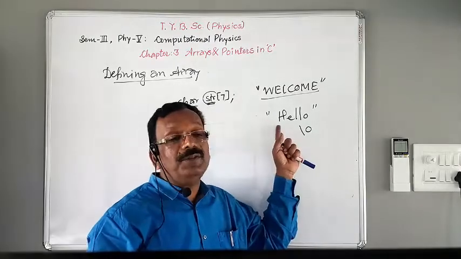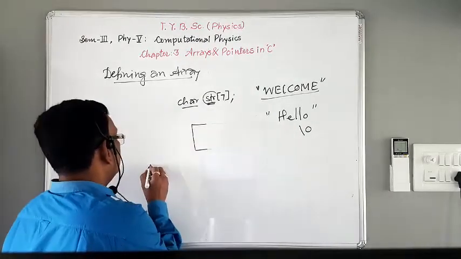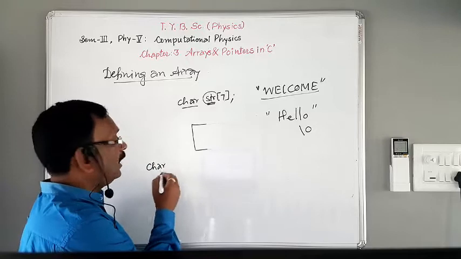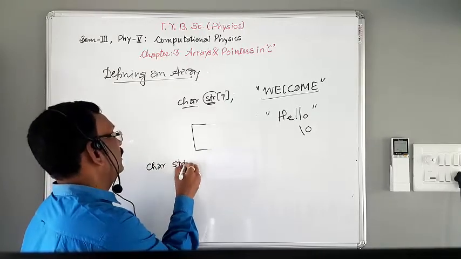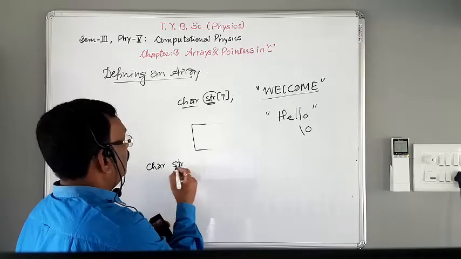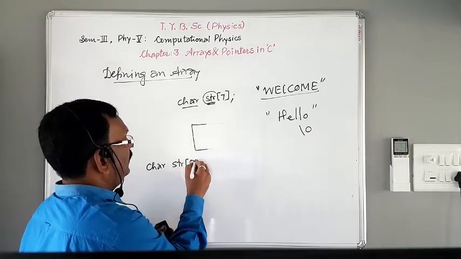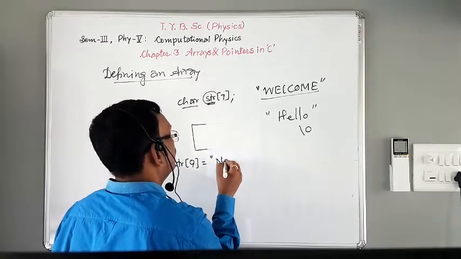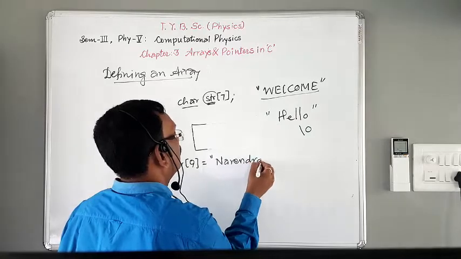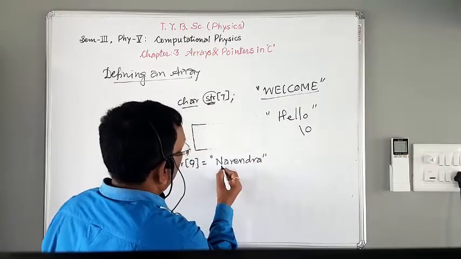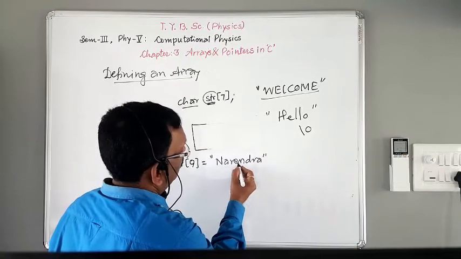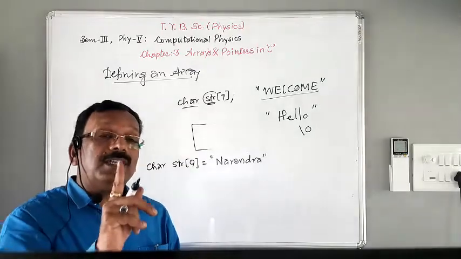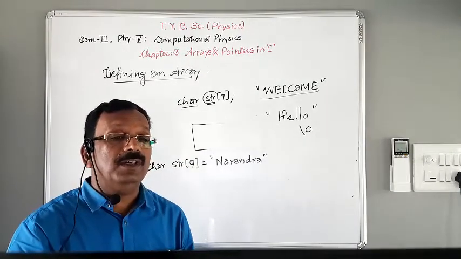Now see an example of this string type. Suppose we write char, which is the type, then the name of the array, and we give the size of the elements as 9, and the string is like this, "Narendra". How many elements are there? 1, 2, 3, 4, 5, 6, 7, 8. But here we give one more extra, longer by 1.